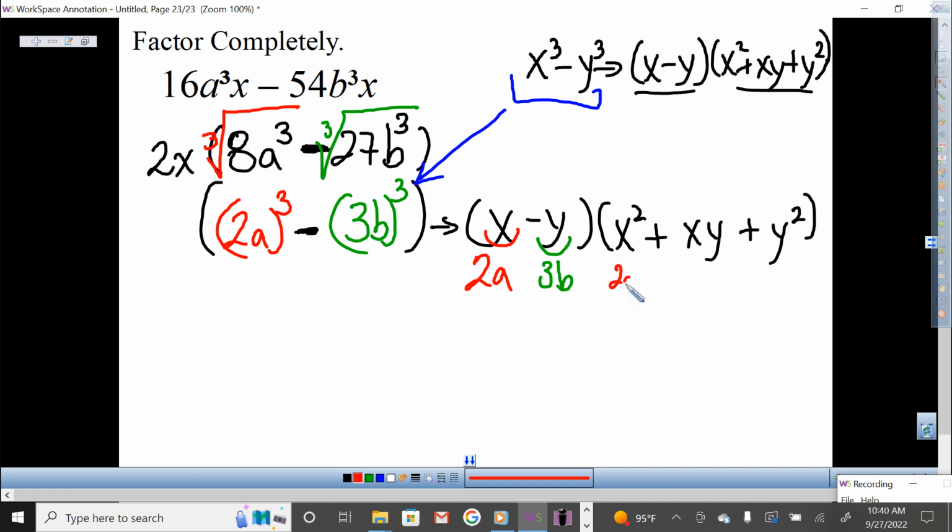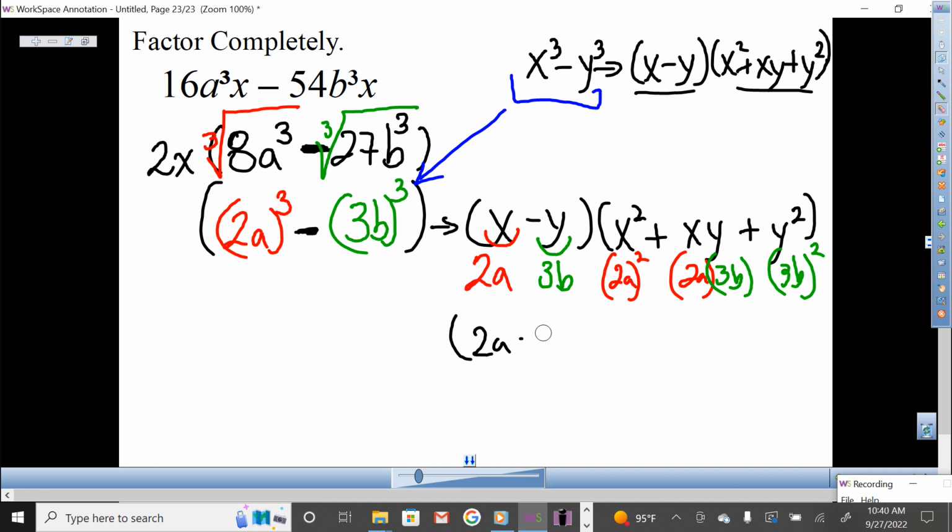This is 2a, and then the other one is 3b. Then we simplify. Here we go. So, we write 2a minus, my bad, minus 3b times.